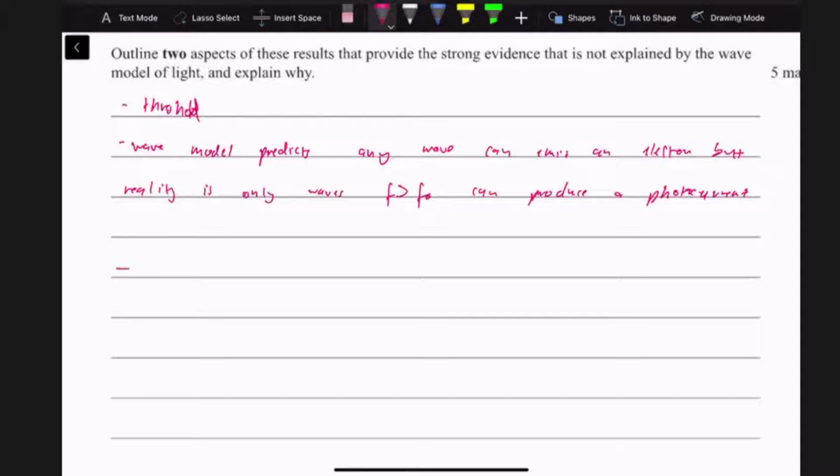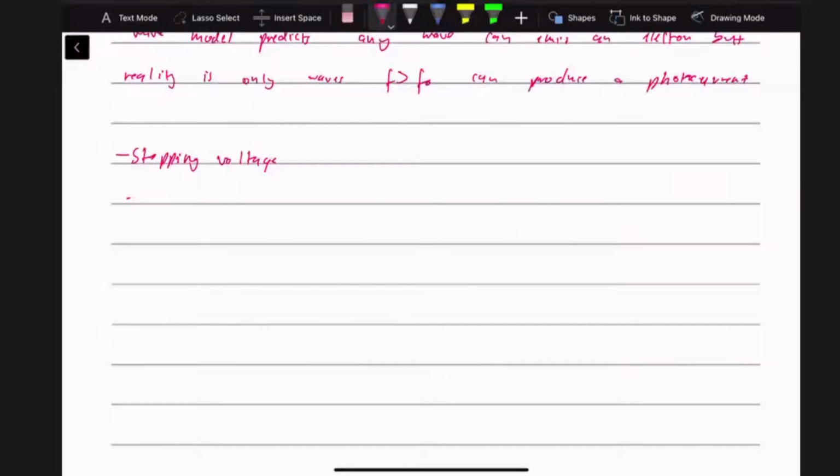So the other thing that it affects is stopping voltage. So the wave model predicts increasing intensity, and I'll just write it in shorthand, increases the work or energy done to the metal, and hence produces a higher kinetic energy for each ejected electron.